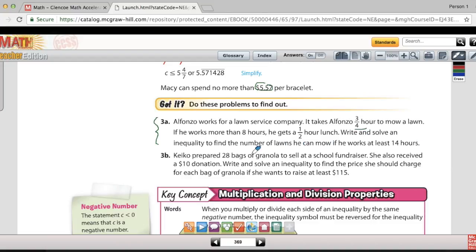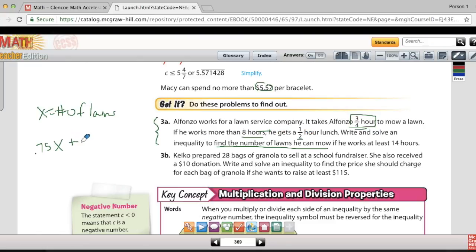So it says that we don't know the number of lawns he can mow. Okay, so x is going to be the number of lawns. And we know that each lawn takes 3/4 of an hour to mow. Okay, so I'm just going to change that to 0.75x. And if he works more than 8 hours, he gets that half-hour lunch.